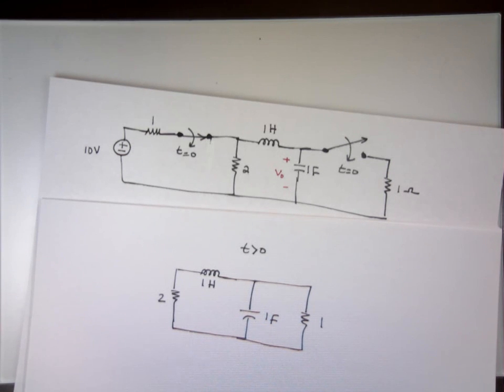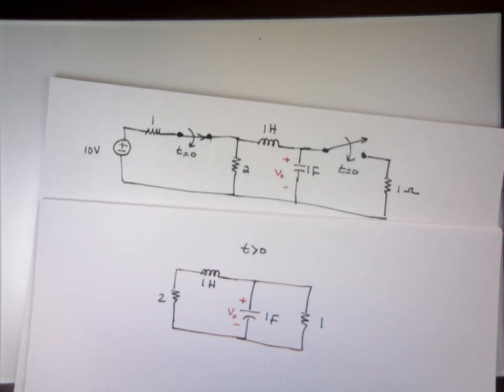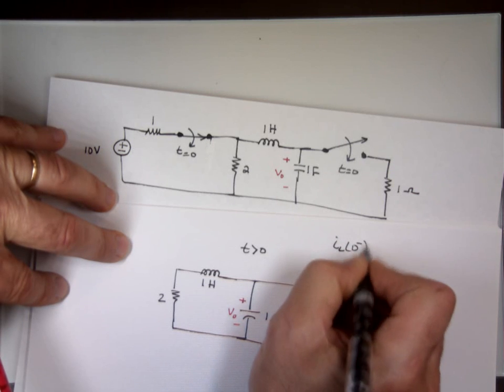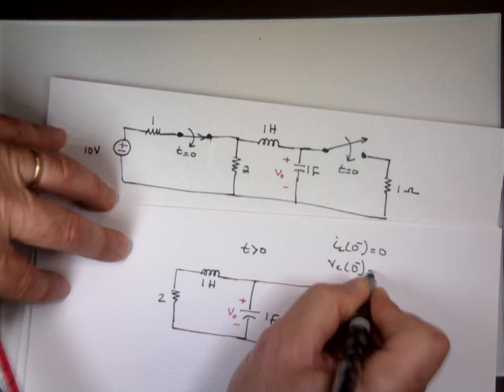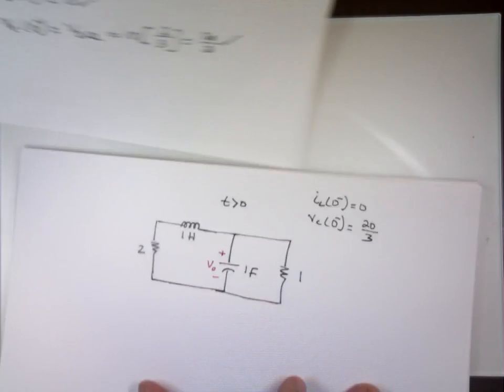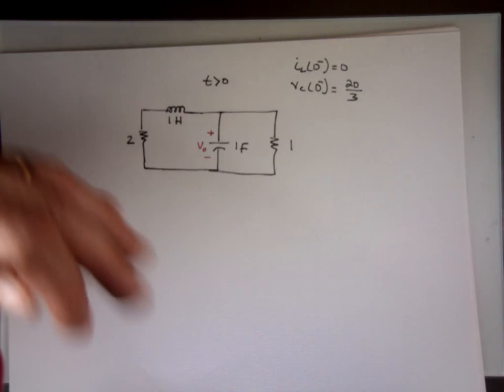And again, this is V out. In case you forgot, the initial current at 0 minus is what? 0. The voltage across the capacitor at 0 minus, we said, what was it, 20 over 3? So that's all I need from this, just to get these two values. Then I'm done with it. It can go away.